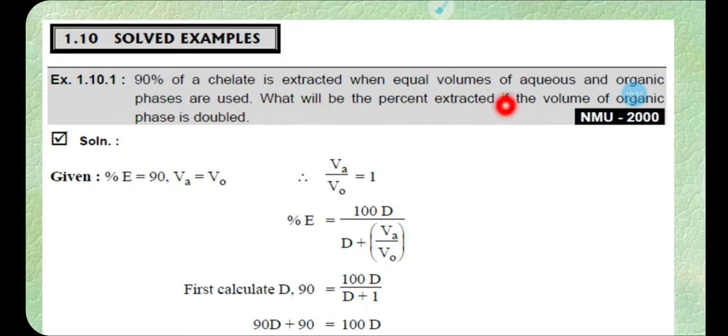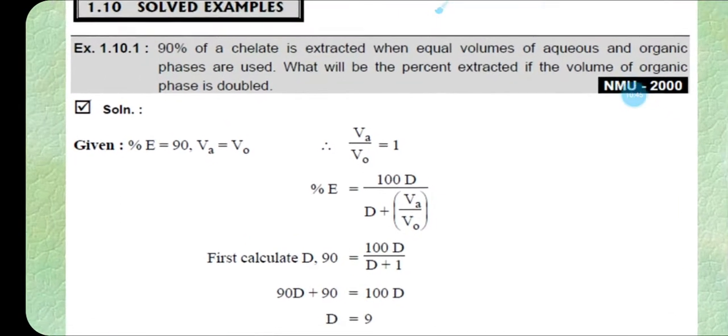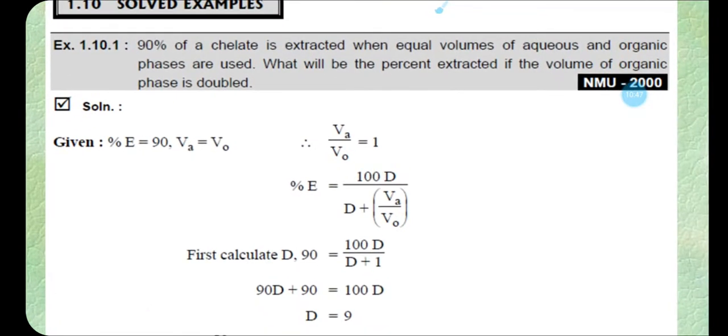What will be the percent extraction if the volume of organic phase is doubled? First we isolate the given things: percent E is 90%. In the first case the volumes are equal, aqueous equals organic volume, so the ratio of volume of aqueous to volume of organic is 1.